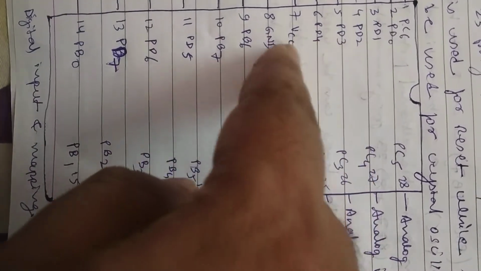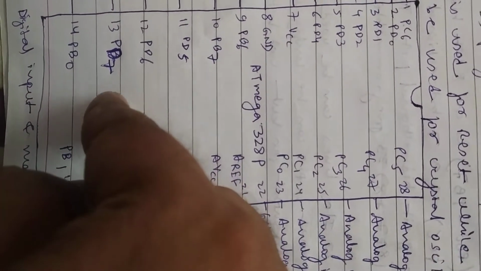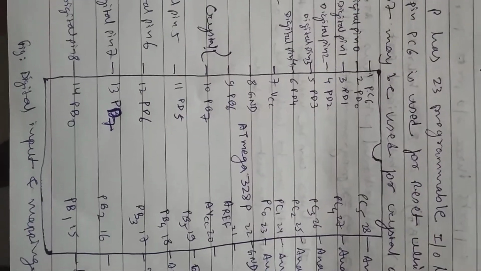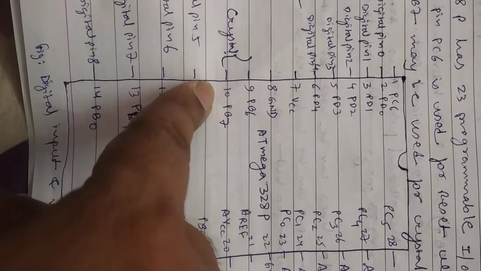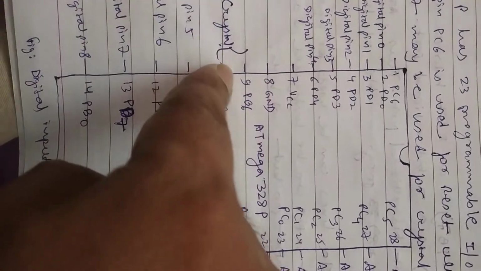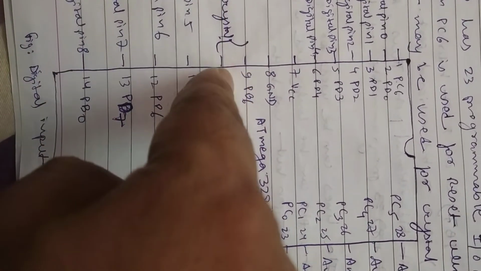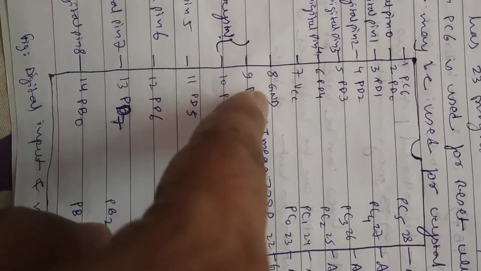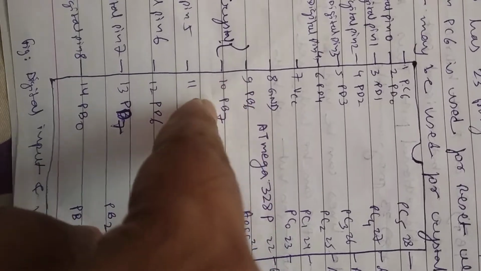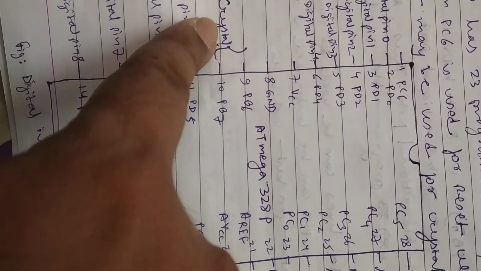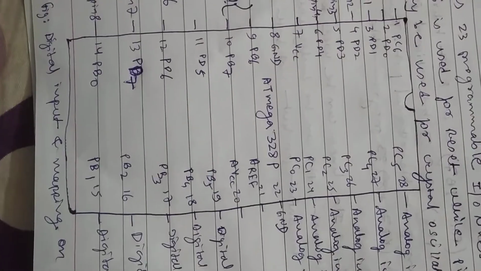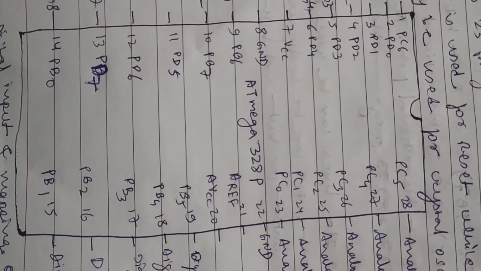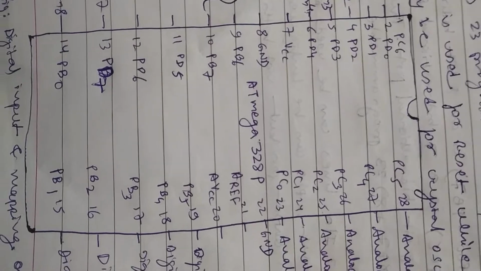So there are 8 pins in port D. Other pins are VCC, ground, and then the crystal pins, which are used for generating the particular frequency signal. Two pins in port B have been given for the crystal. Now this is the pin configuration of the ATmega328 microcontroller.